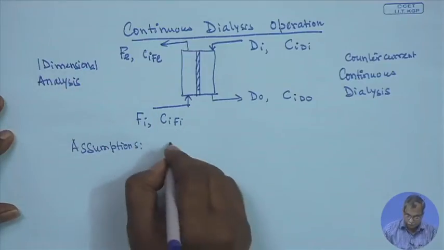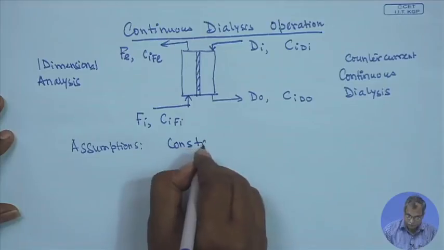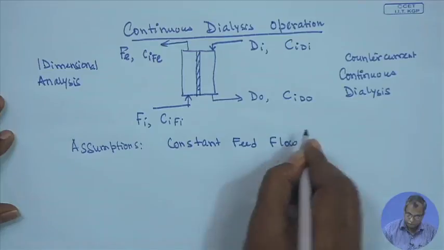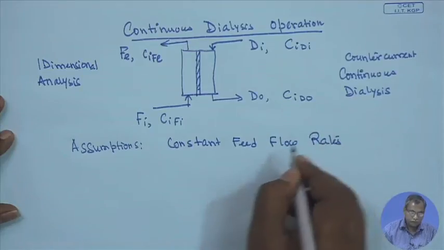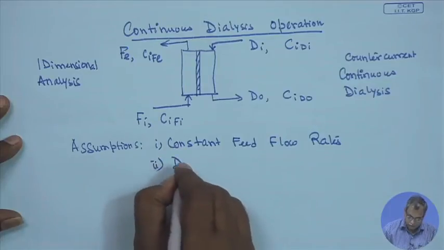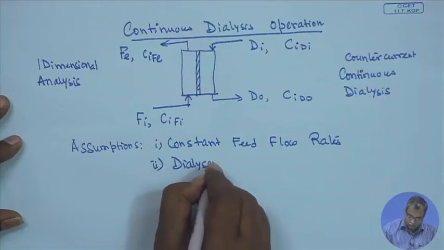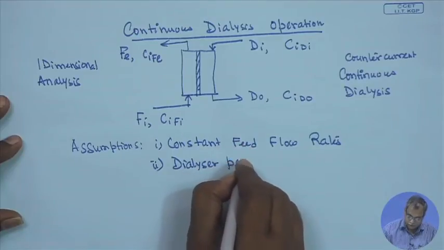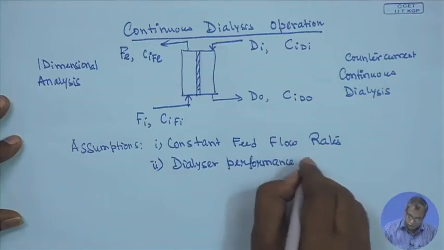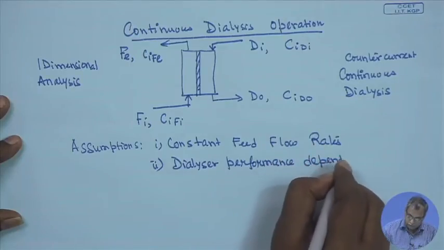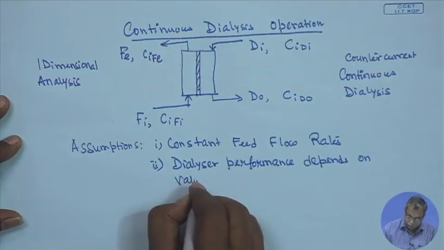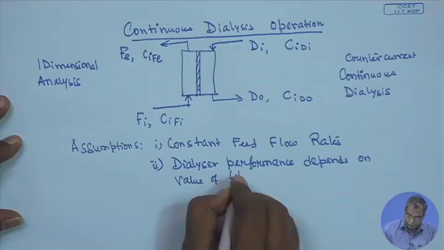The assumptions involved are constant feed flow rates, and second, dialyzer performance depends on the value of film and membrane resistance.